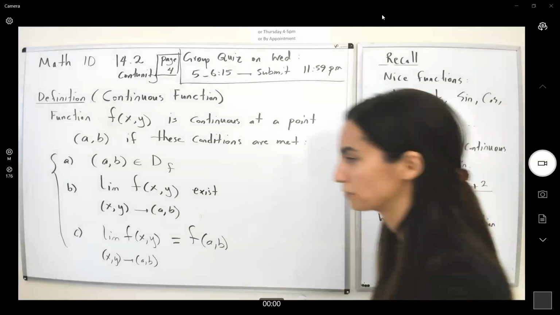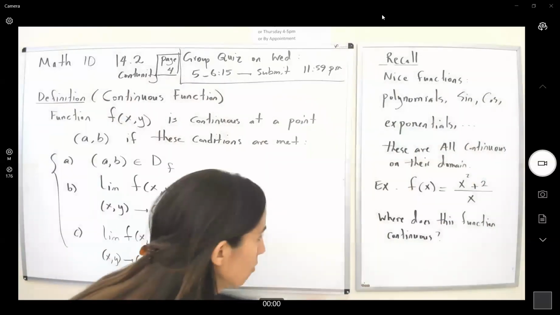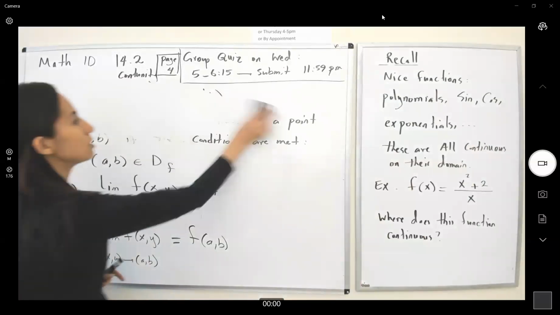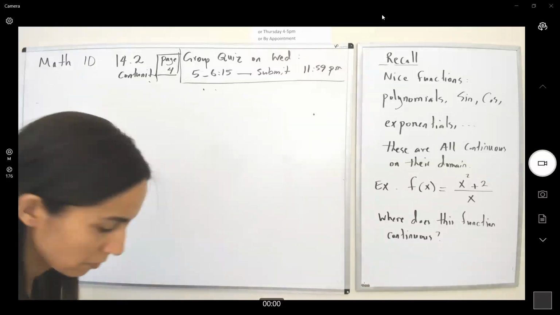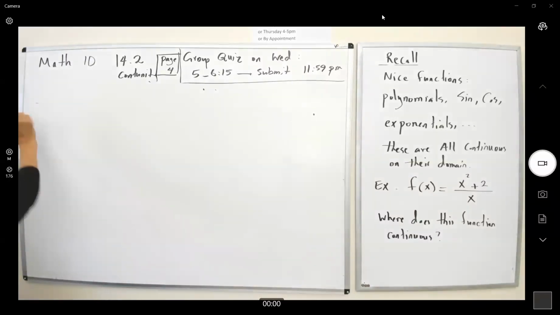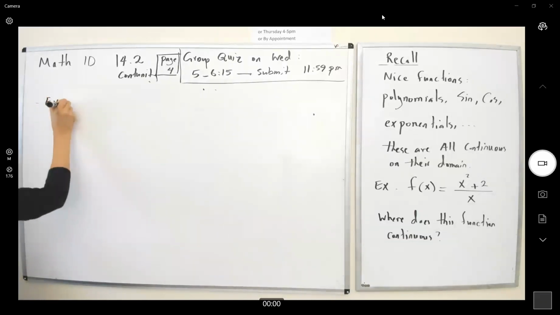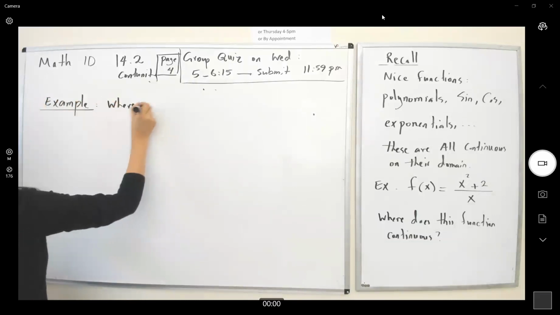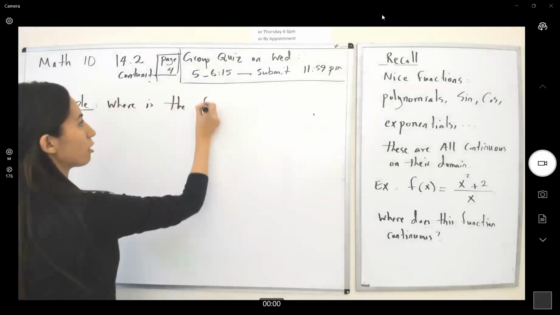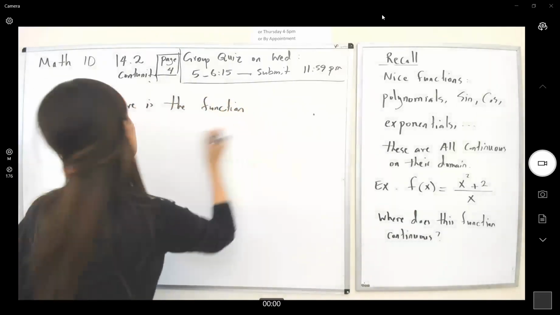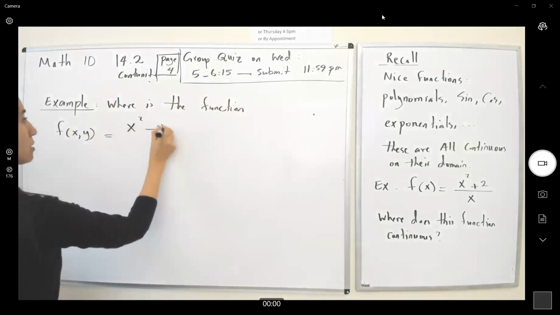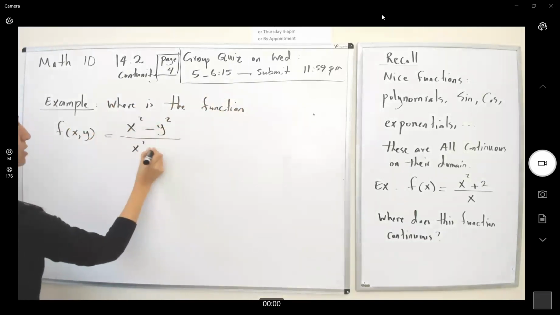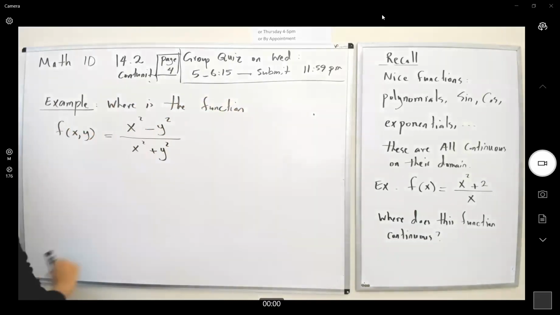That's the question. And when you answer that question, you can answer this example as well. Example. Where is the function f of x and y, which is defined as x squared minus y squared over x squared plus y squared, continuous?